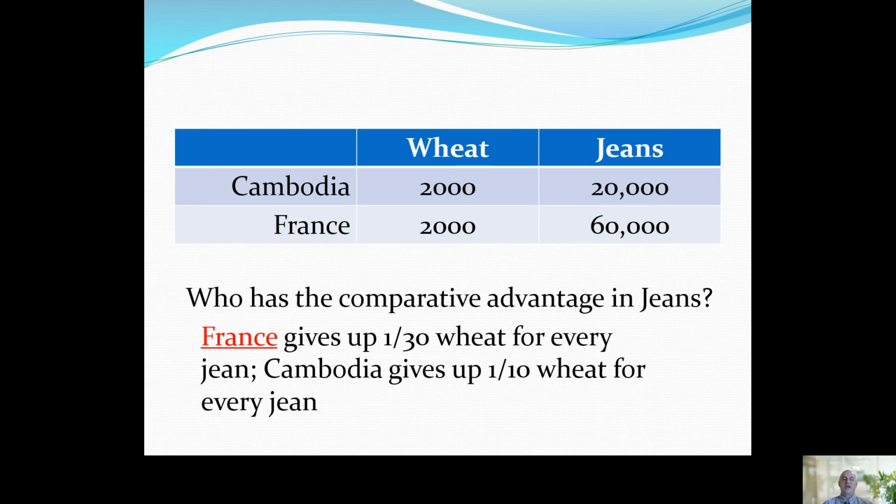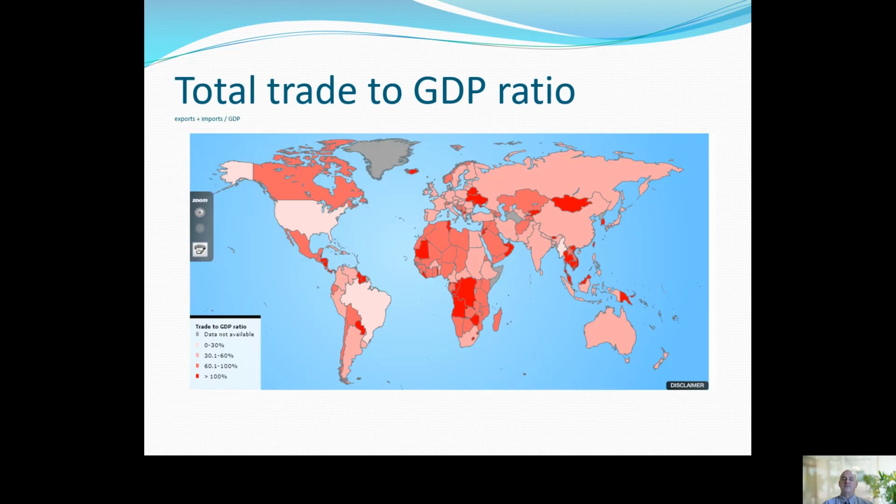So according to international trade, if we want to maximize our production, France ought to be producing the jeans and Cambodia ought to be producing the wheat, and then they exchange with each other for the things that they need. So if you look around the world, international trade is a vital part of many countries' economies.